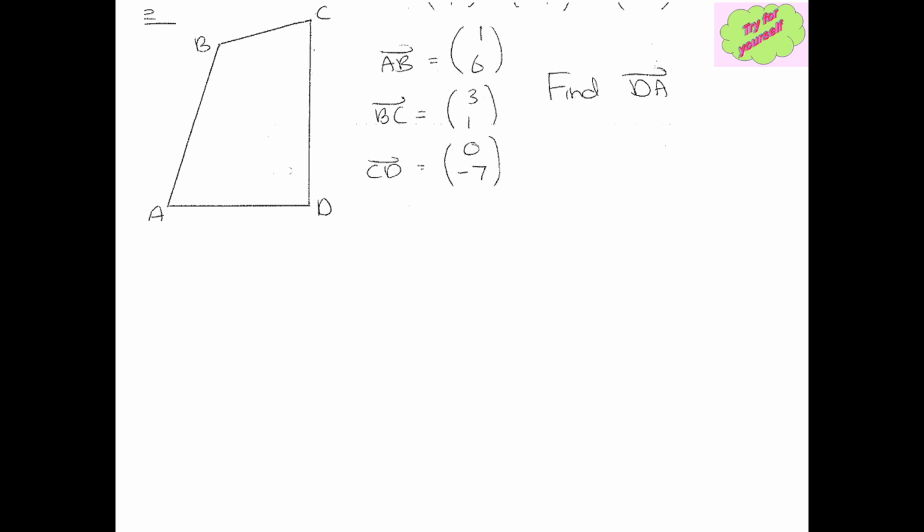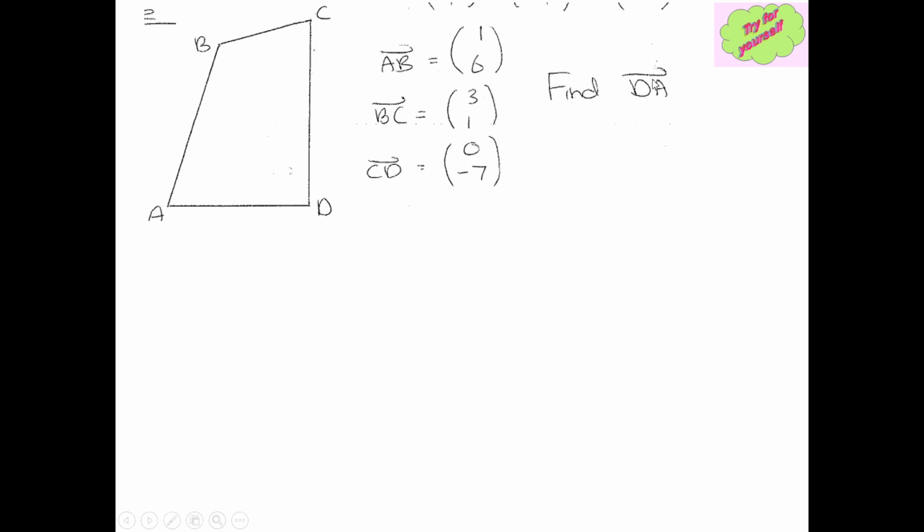Okay. So here's one you might want to try for yourself. Here we've got a quadrilateral, ABCD. We're told AB is going across 1, up 6. BC is going across 3, up 1. CD is not going across by anything, by 0, and down by 7.